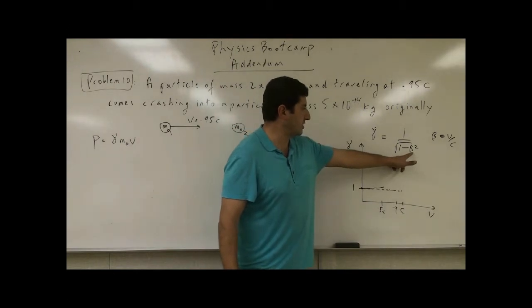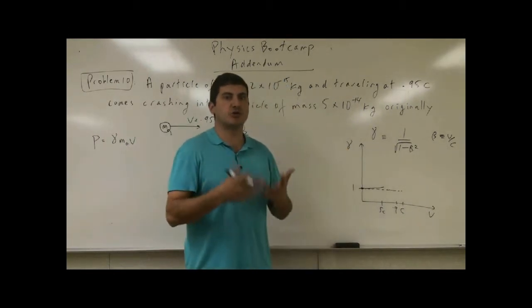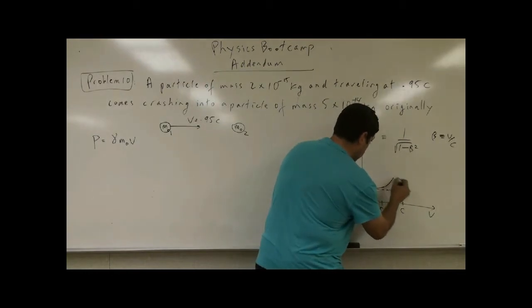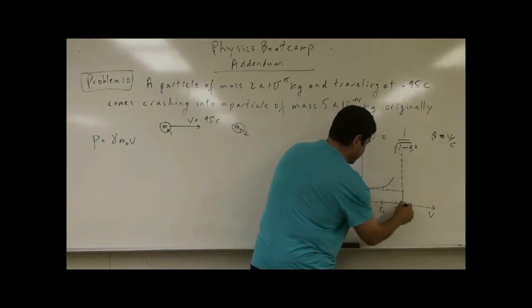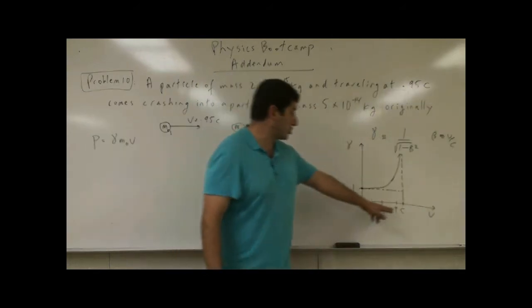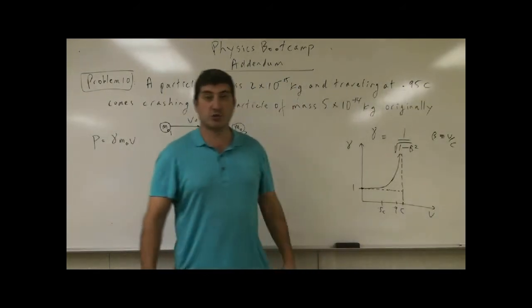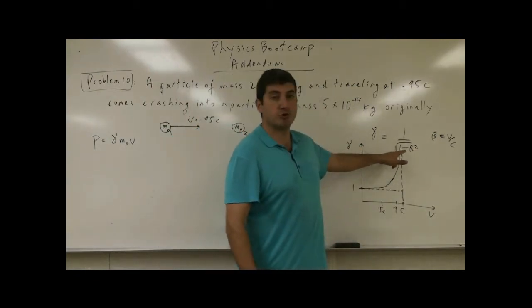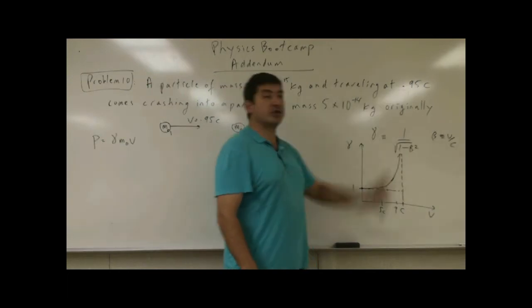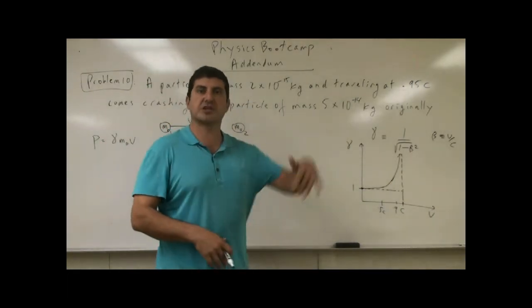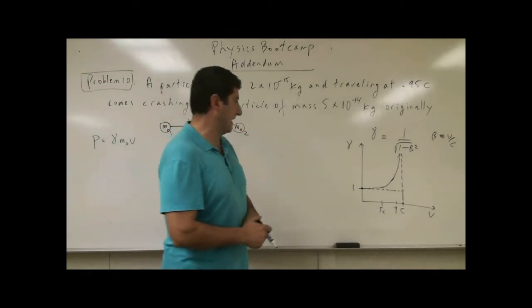When you put in 0.9 and square it, you start getting bigger and bigger numbers, and it asymptotically reaches infinity as the speed approaches c. Beta becomes 1, so 1 minus 1 squared approaches zero and gamma approaches infinity. So the factor gamma really becomes significant when you're going about 90% of the speed of light or greater.